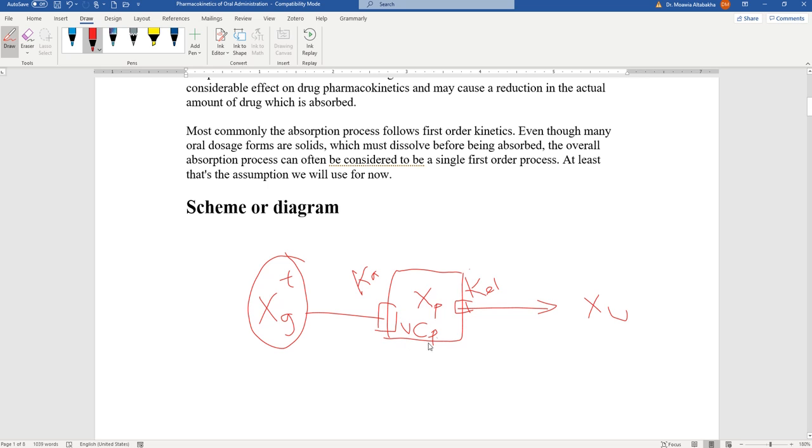If you remember how the concentration or the amount was changing there, it was because of input minus output. So it's very similar. Before we talk about how it changes here, first let's talk about this first order process of absorption. The amount of the drug here gets inside. How does this amount change?